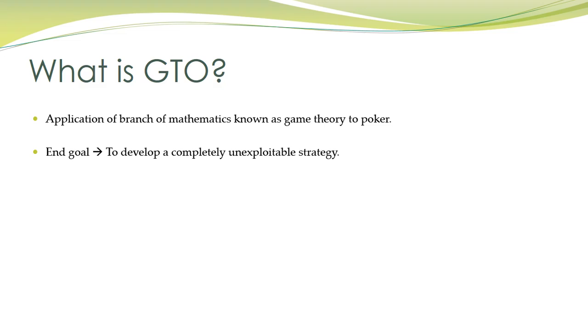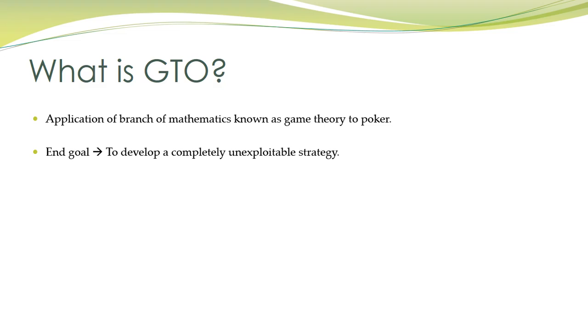In fact, a perfect solution to poker guarantees a minimum win rate. The only time we can really break even with such a strategy is if our opponent is also playing a game theory optimal style of poker. But if he's not, then his mistakes are going to make that GTO style money. It's going to be profitable for the GTO play.